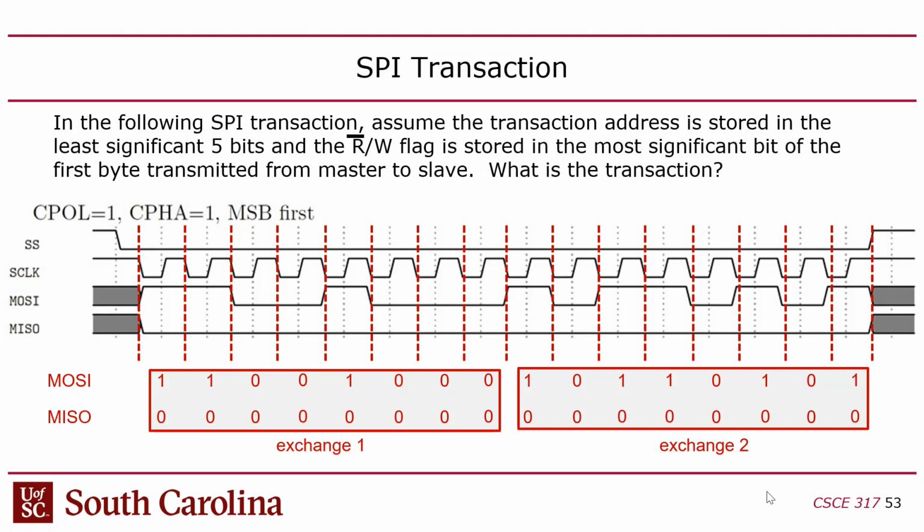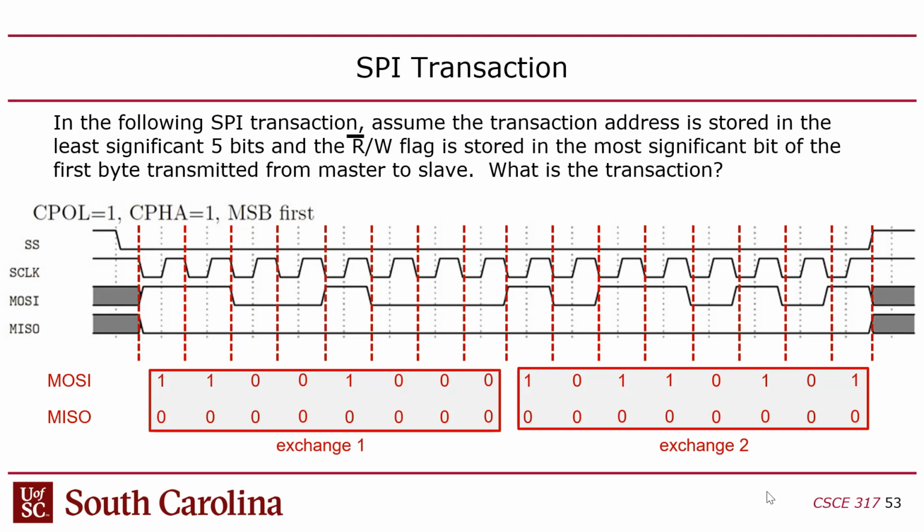The other problem is that it's kind of hard to tell, even once you do that, where the first exchange ends and the next exchange begins. So you've got to count off 8 bits, and then you can start looking at my read-write bit, and then I mentioned it's 5 bits, 1, 2, 3, 4, 5.